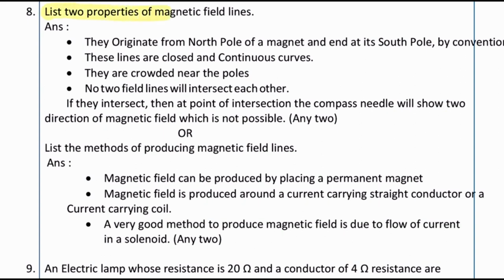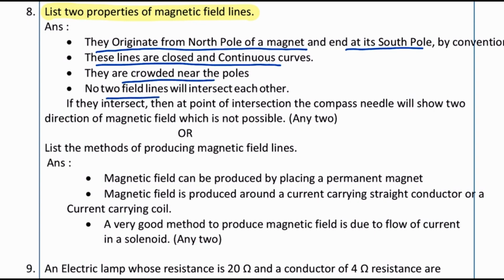Write at least 2 properties of magnetic field lines. They originate from the north pole of a magnet and end at its south pole. These lines are closed and continuous curves. They are crowded near the poles.